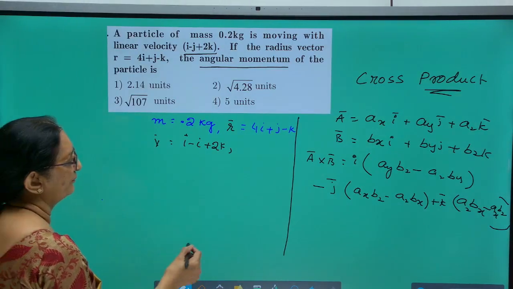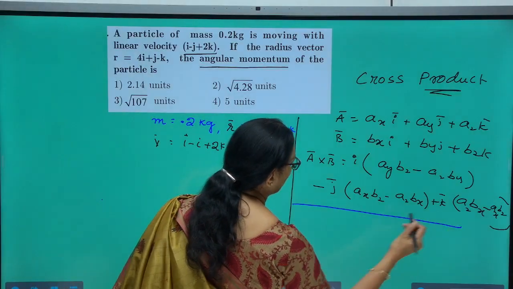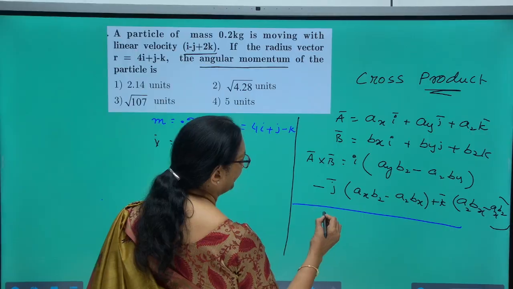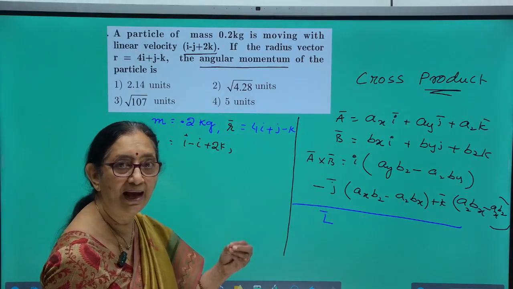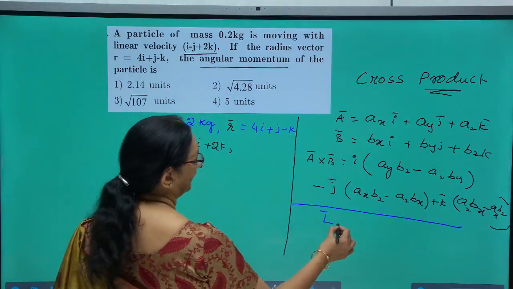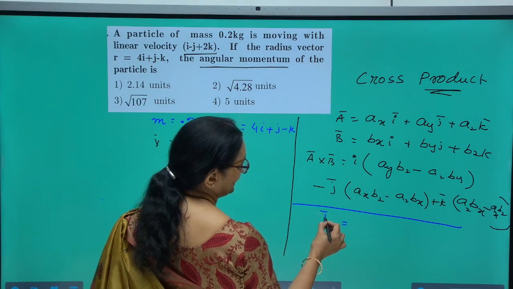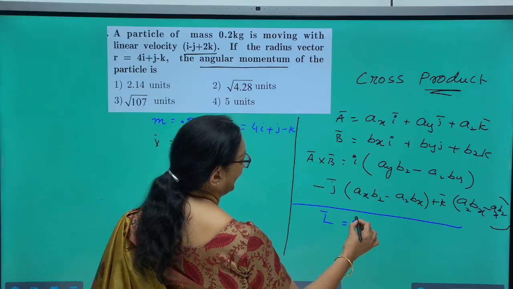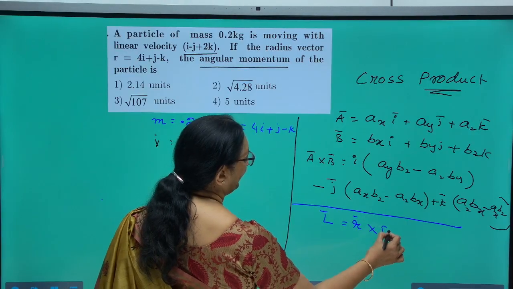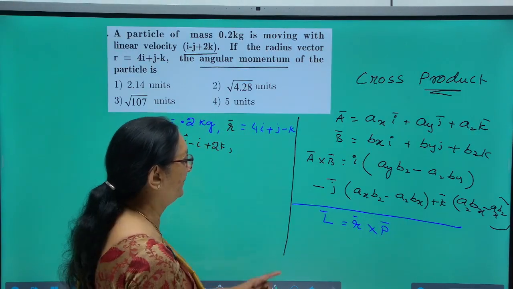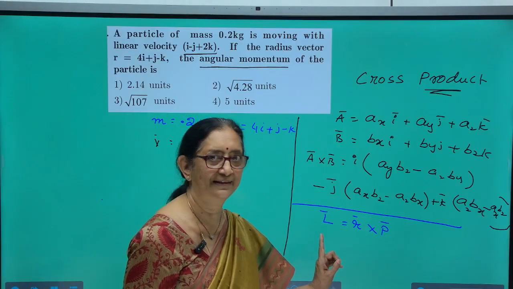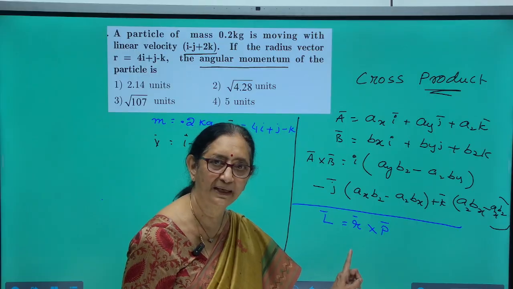First of all, we should know the relation between angular momentum and linear momentum. L bar is the angular momentum, R bar is the radius vector, P bar is the linear momentum, then L bar is equal to R bar cross P bar.